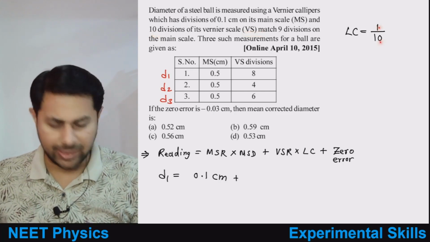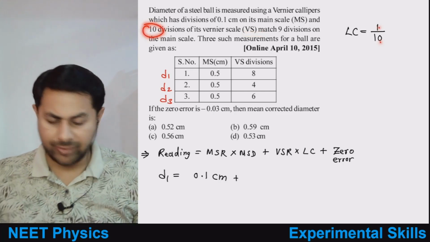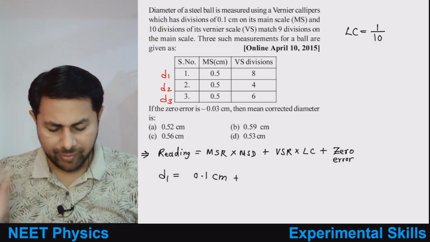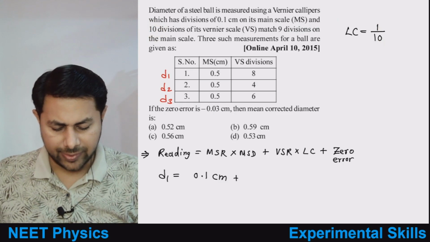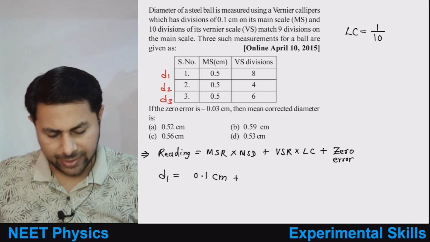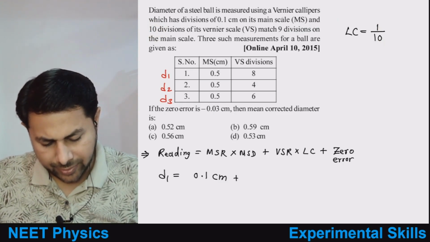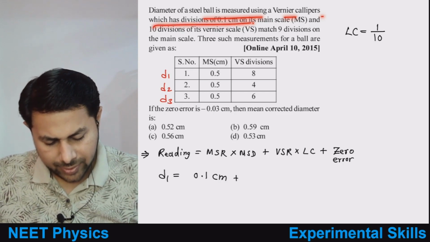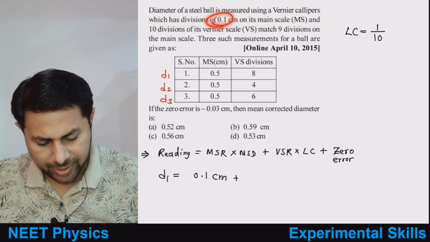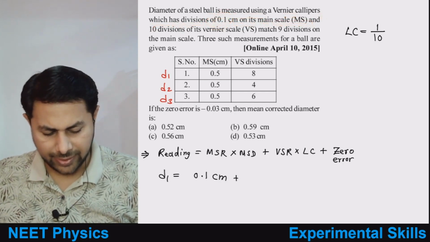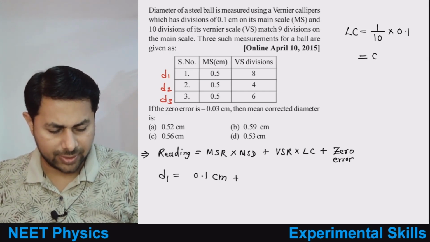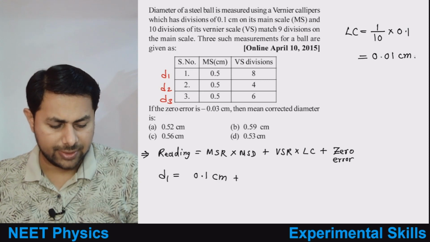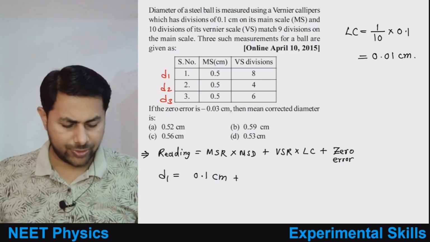So it's 1 divided by number of Vernier scale divisions multiplied by minimum reading of the main scale. It's 0.1 centimeter on the main scale, so times 0.1, that means 0.01 centimeters. This much is the least count.